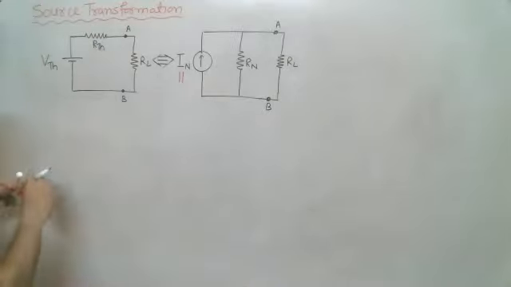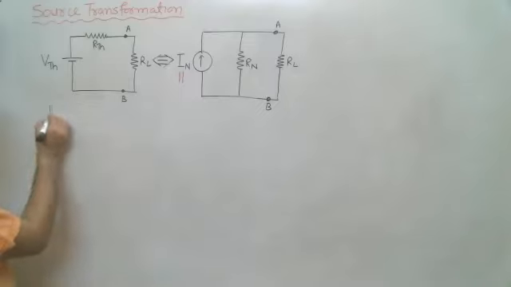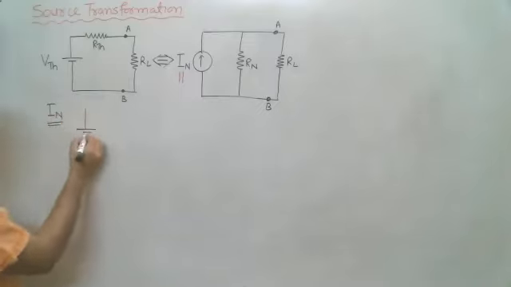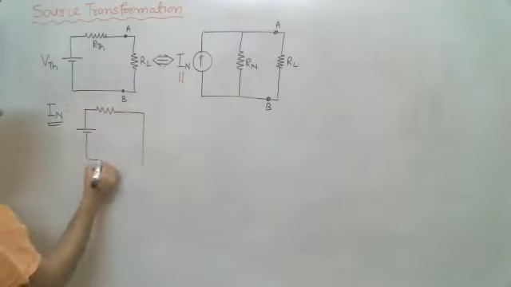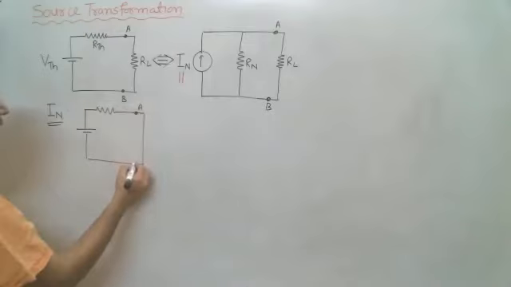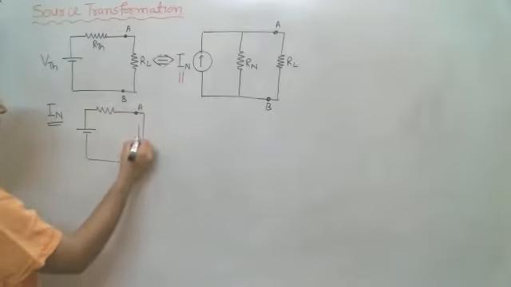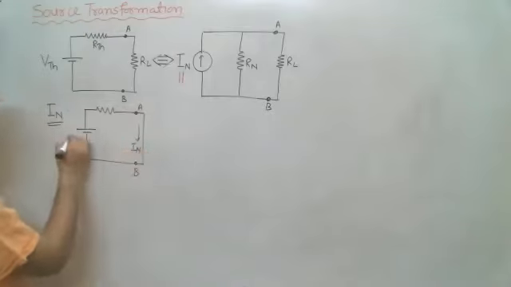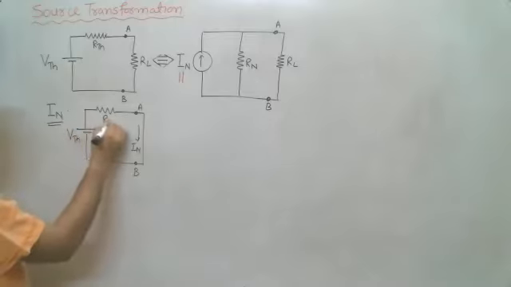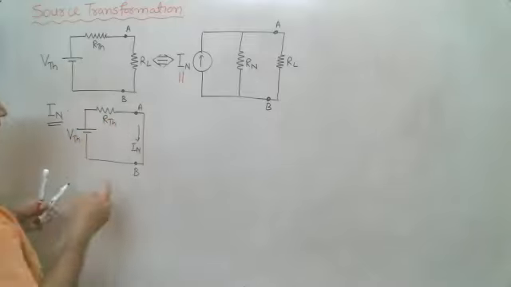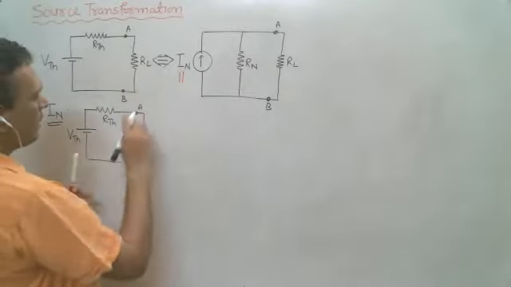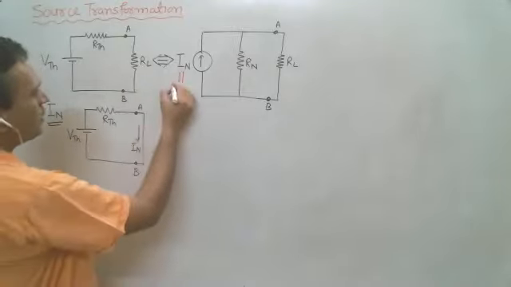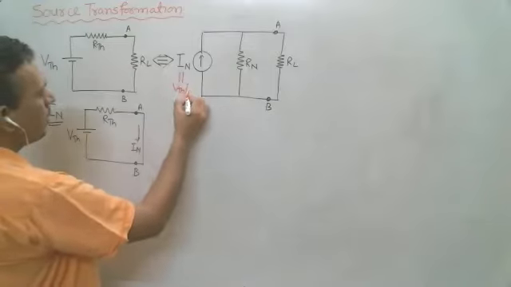So let us short the AB. So this current is IN, this is VTH, and this is RTH. So IN is VTH by RTH. You can write this as IN will be simply VTH by RTH.